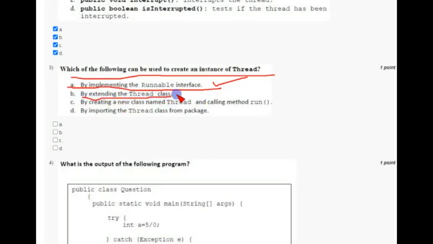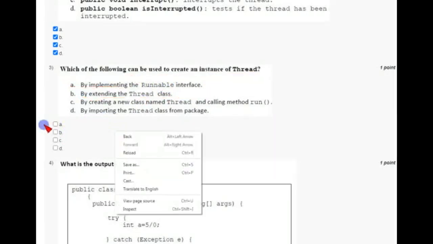Both of these options, implementing Runnable and extending Thread, mean class X extends Thread and class X implements Runnable. So mark option A as well as option B as the correct answer for the third question.